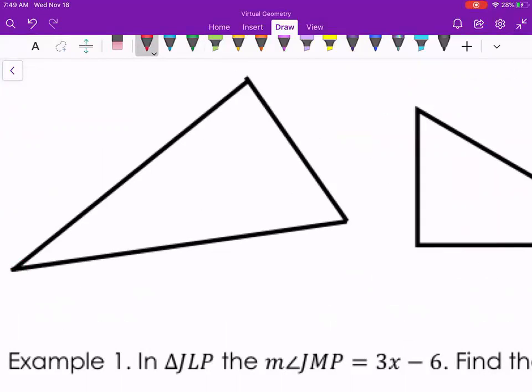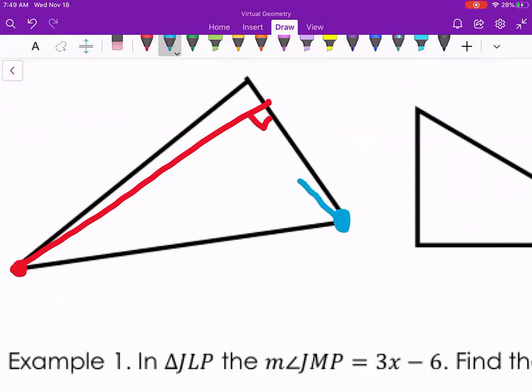So if I go back to this first triangle, remember we said this one was acute. Let me get our 3 altitudes back up here. So there's one. That one's not quite perpendicular. Let me try that again. There we go. It's a little better.